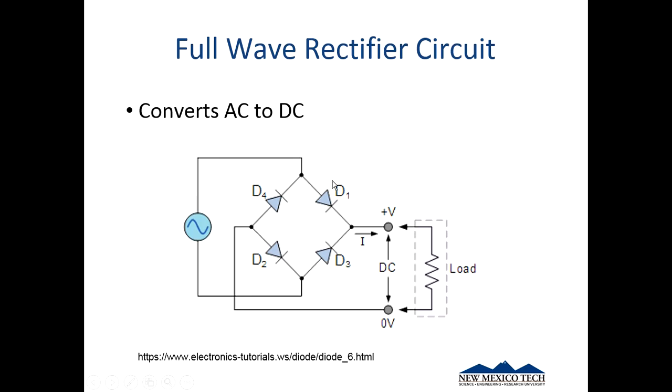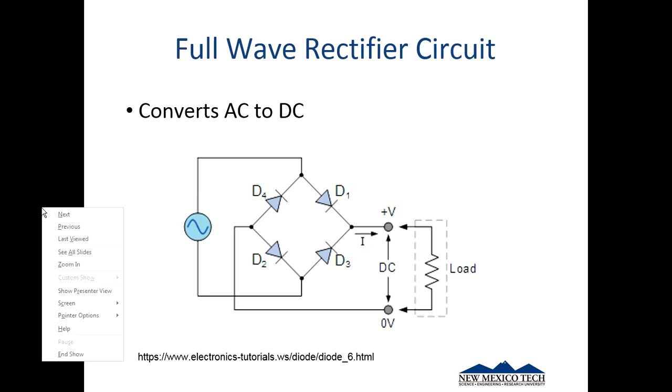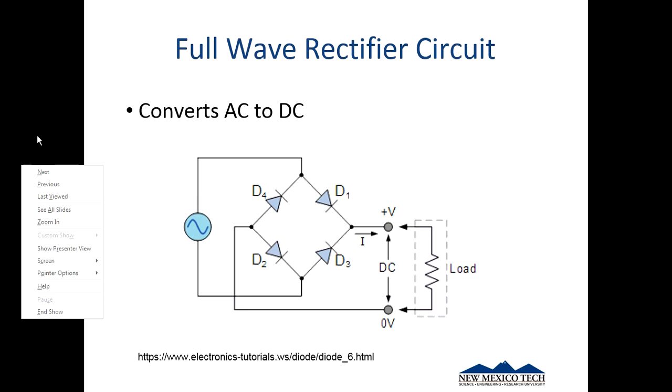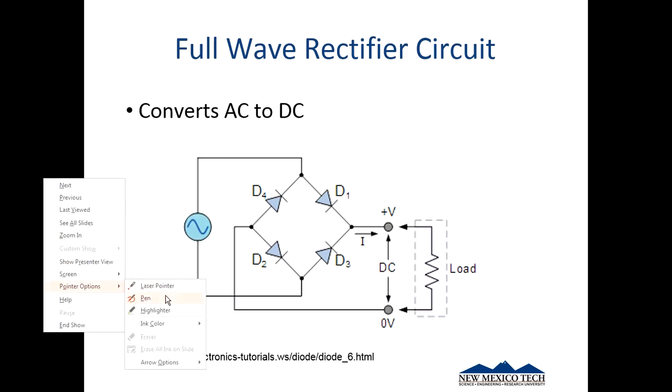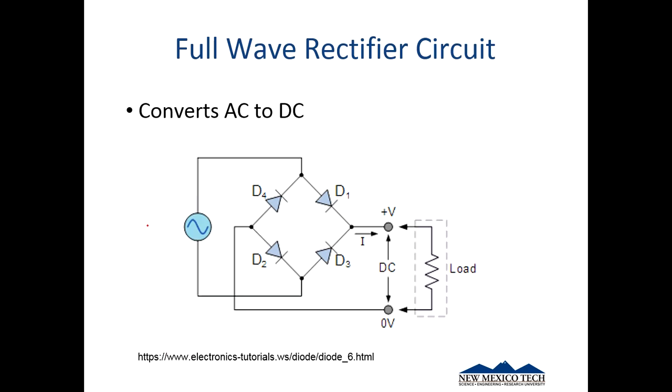Another one that maybe you haven't seen before, in fact I'm 90% sure you haven't seen before, is what's known as a full-wave rectifier. And the way that works is, let's get a different pointer here. Okay, so this voltage source over here is AC, alternating current.